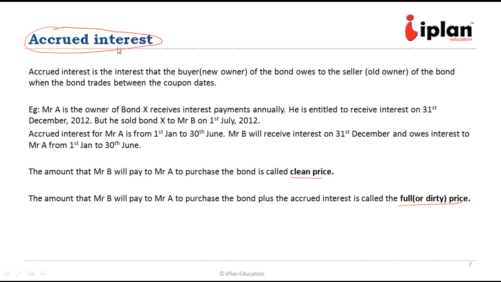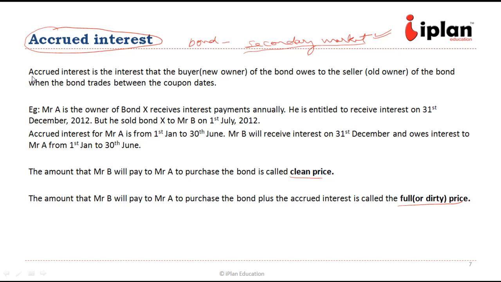The idea of accrued interest comes into the picture when we are talking about a bond which is being traded in the secondary market, which means there could be a company which is borrowing from the market, from investors. It has issued certain bonds, and now these bonds are being traded among the investors in some exchange, which is a secondary market.